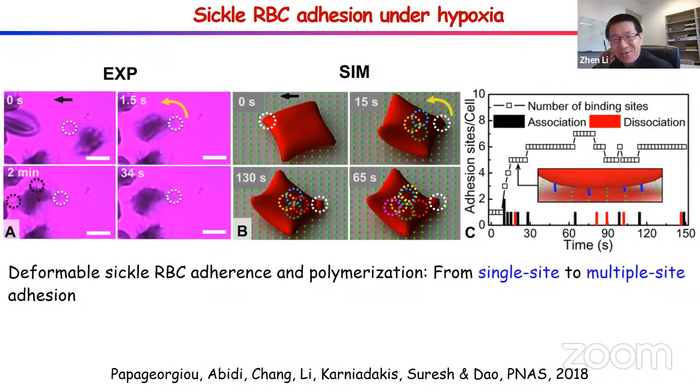Then actually for the sickle cell it's easier to block the flow, right? But in the modeling of the adhesion part, the sickle cell actually has weaker adhesion to the vessel wall. So what's the main reason that the blood with sickle cells becomes easier to block the entire blood flow in the vessels?